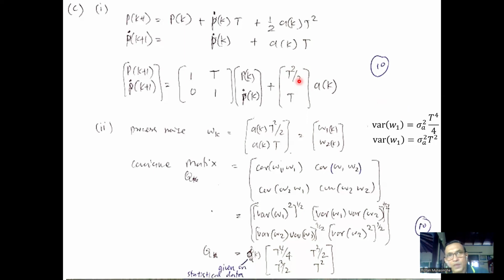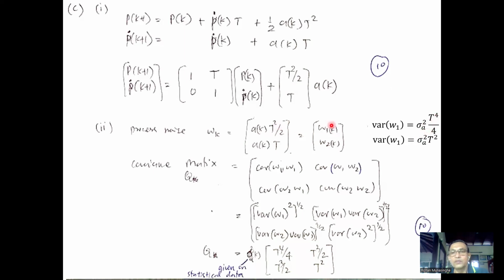Therefore, the covariance matrix of the process noise should be calculated using the variance of the random acceleration, which is sigma a, which is given. So it is sigma a square, the variance of the acceleration, times t to the 4 over 4.